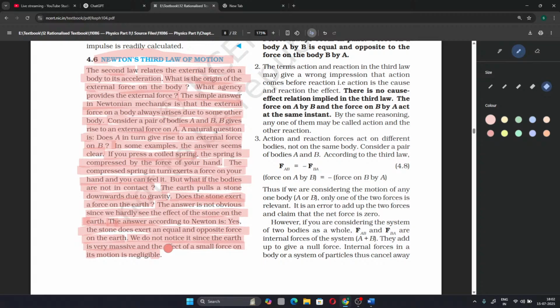This 10 Newton force can obviously pull the stone down. But the stone will also exert a 10 Newton force on the Earth. Do you think for a mere 10 newtons, which is a very small force, the Earth will move upwards? Of course not, because the force is extremely small compared to the mass of the Earth.